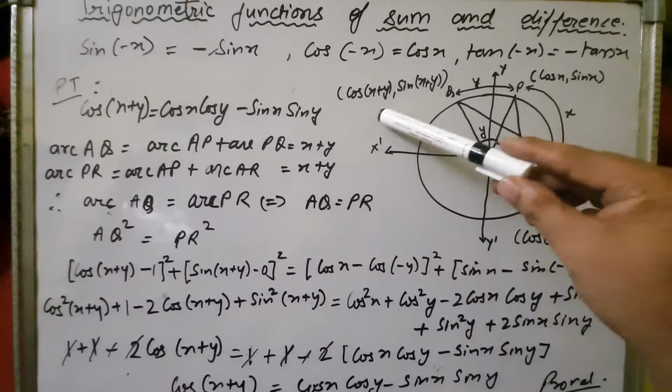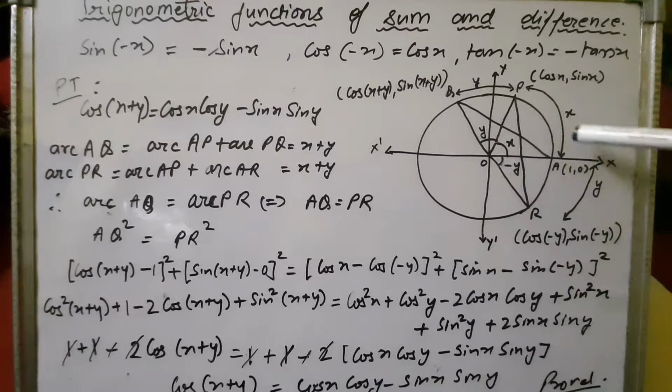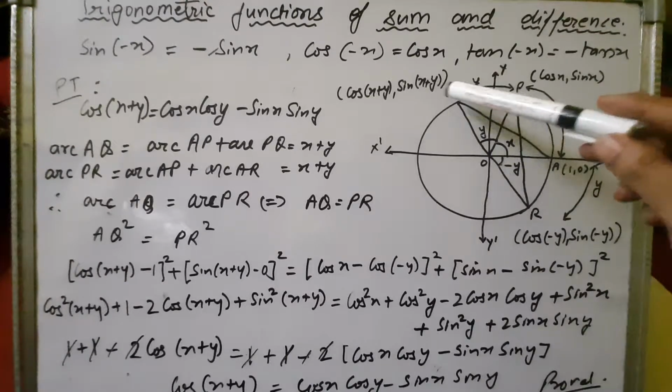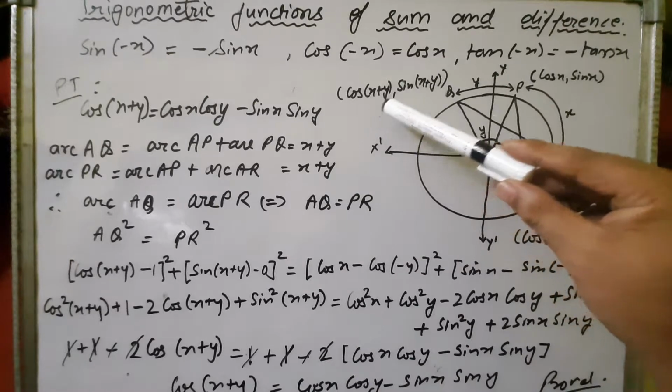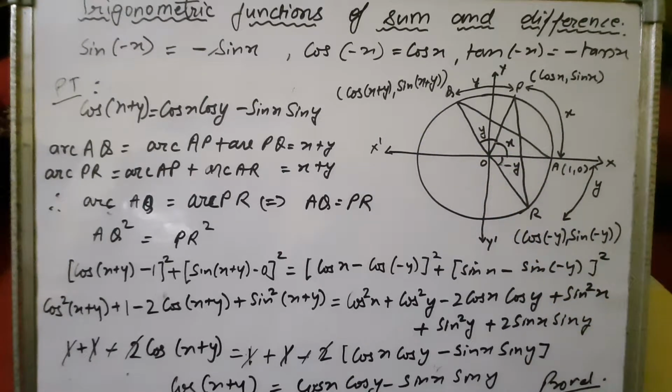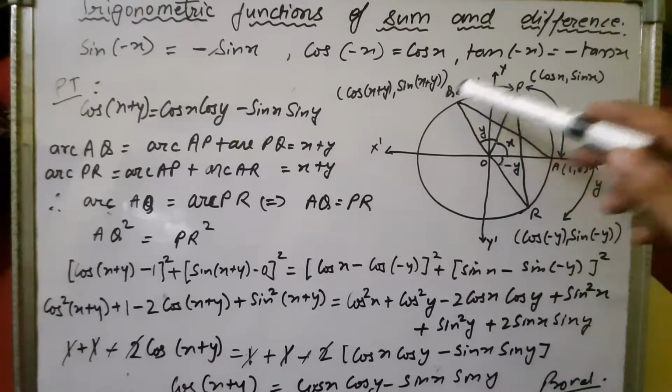The coordinates of Q will be, because the angle subtended by this arc is x plus y, cos of x plus y, sin of x plus y. Similarly, if we move below the x-axis, the coordinates of R will be cos of minus y and sin of minus y. Right, children? Now we have the coordinates of P, Q and R.